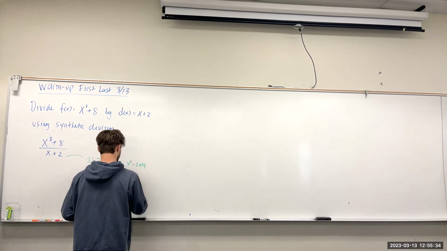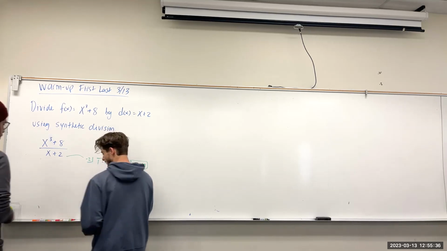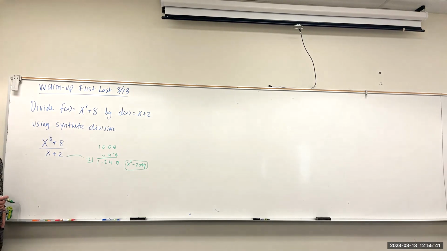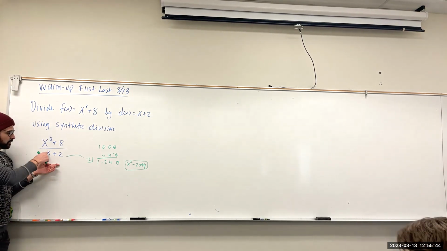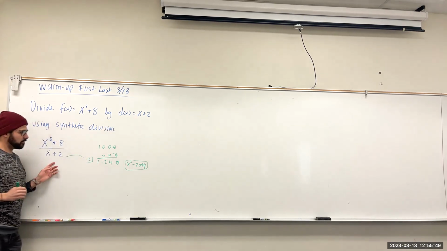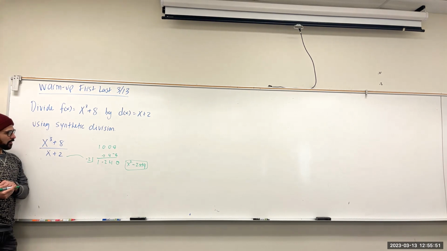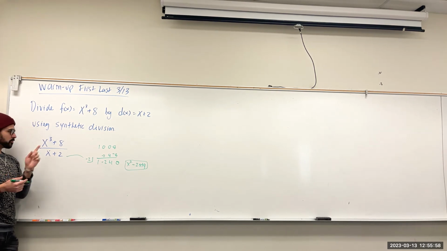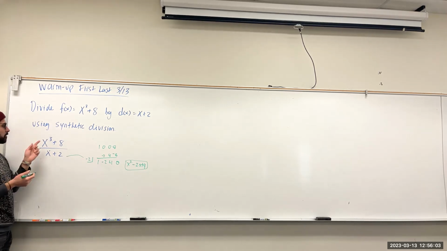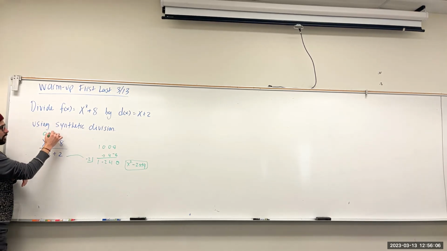So for this, we're going to multiply by this. All right, guys, so let's take a look. Remember, for synthetic division, you want to write what makes this linear term 0, which in this case is -2. And then what was the other part? The missing terms, right? You want to think of this numerator as a degree 3 polynomial, so we want to think about it in its general form.